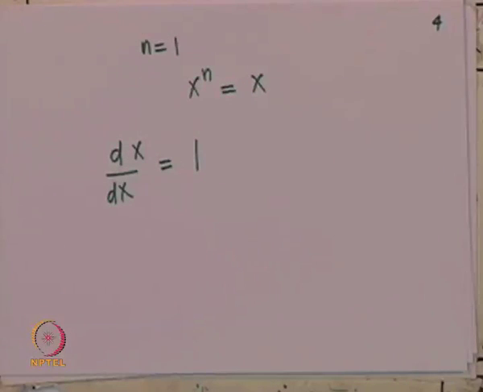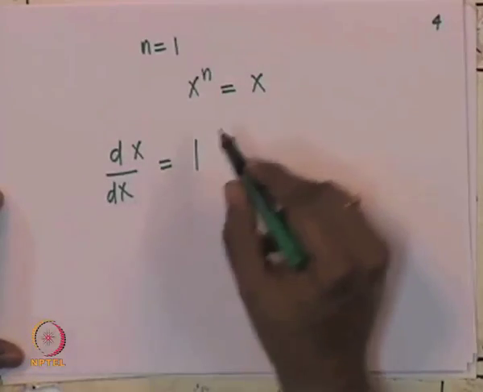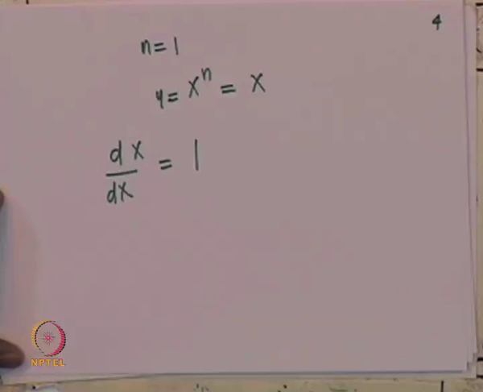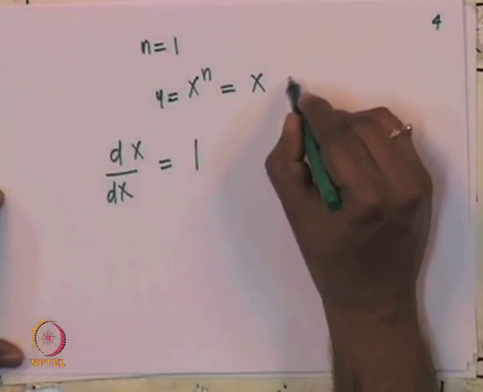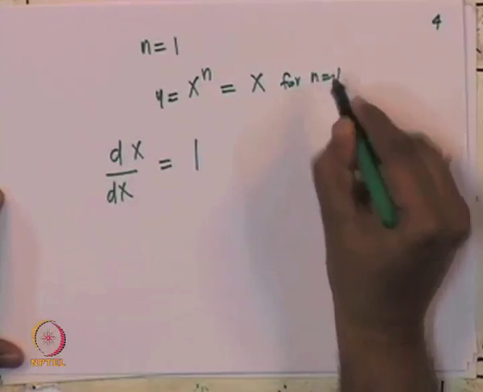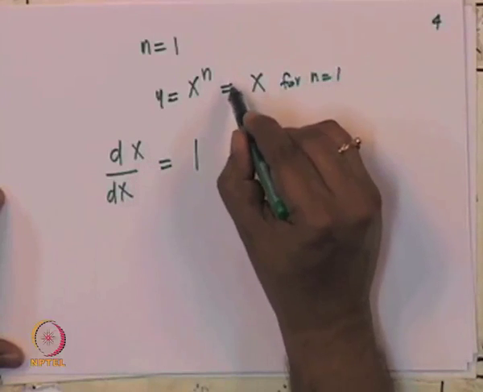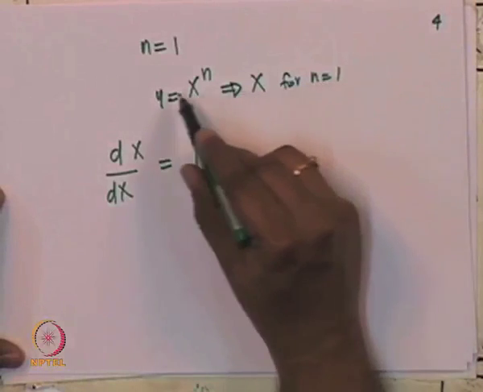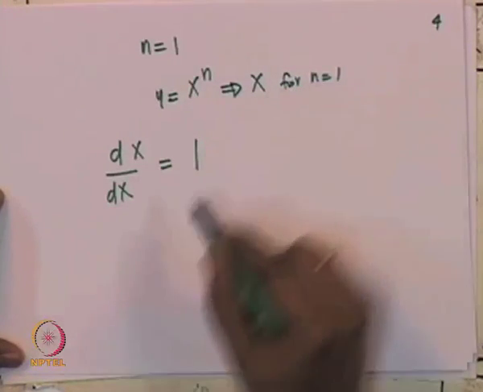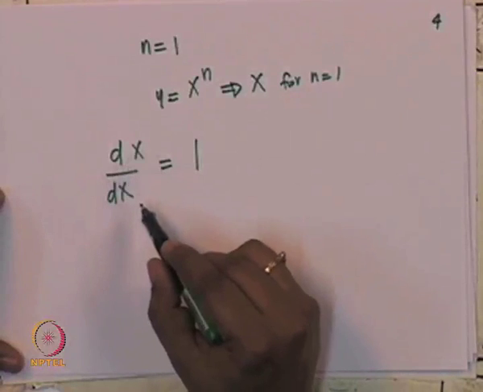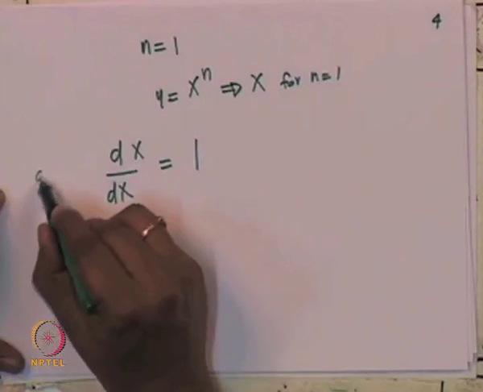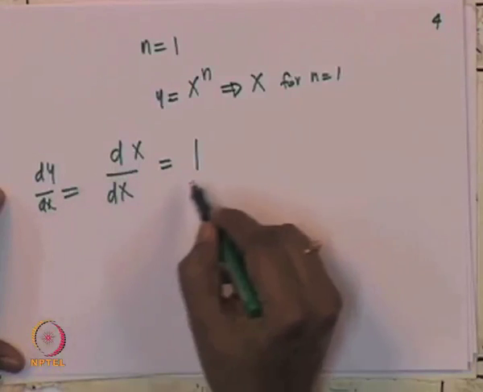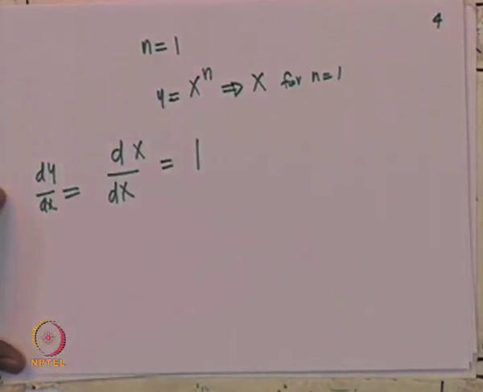This is a simple idea, right? The dx by dx. So y is x power n, and it is equal to x for n equal to 1. When n equal to 1, y is x, and we want to calculate dy by dx, which is equal to dx by dx, and this is 1.